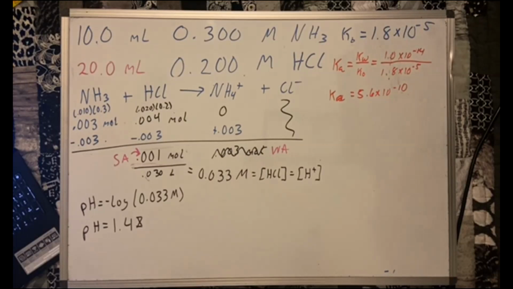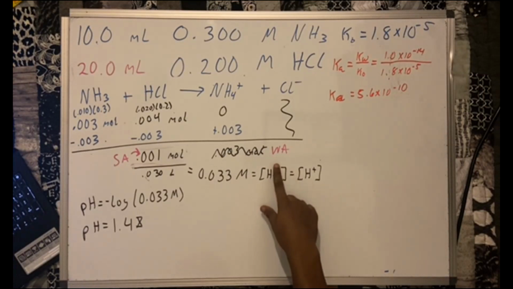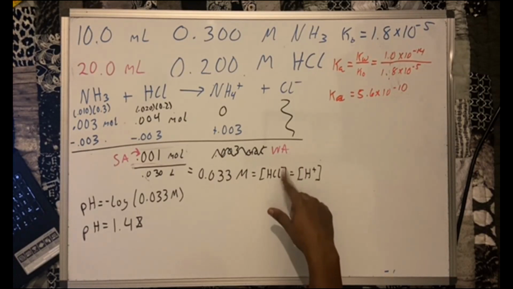Also you have to remember that list. Strong acids, if you have a strong acid, it's going to completely dissociate, so its concentration is going to be the same as your H+. For weak acids, we didn't have that happening, so we had to do our ice table to figure it out.